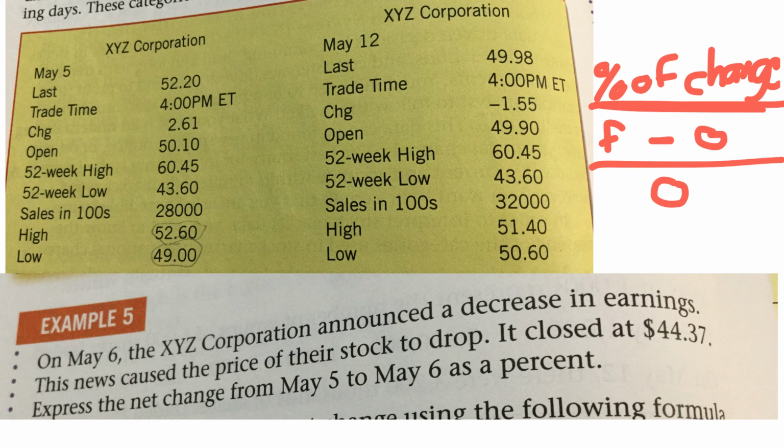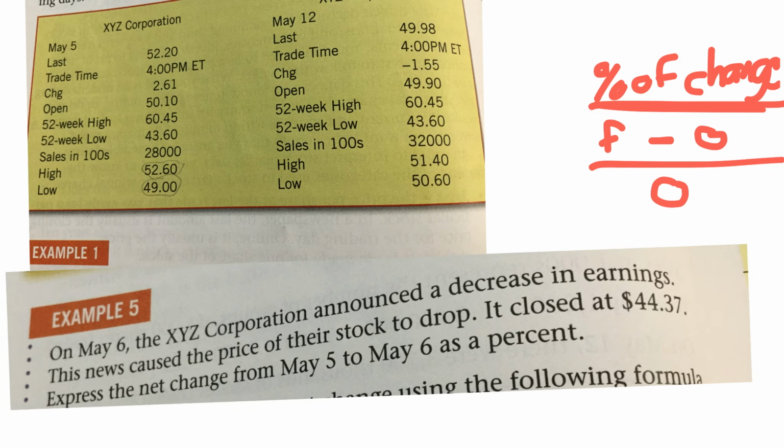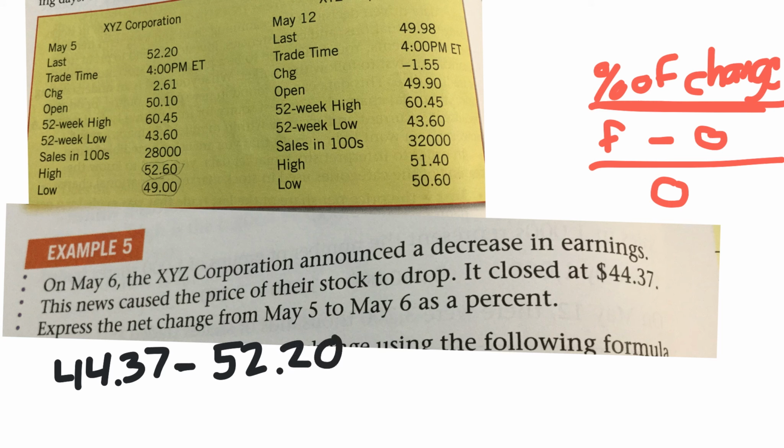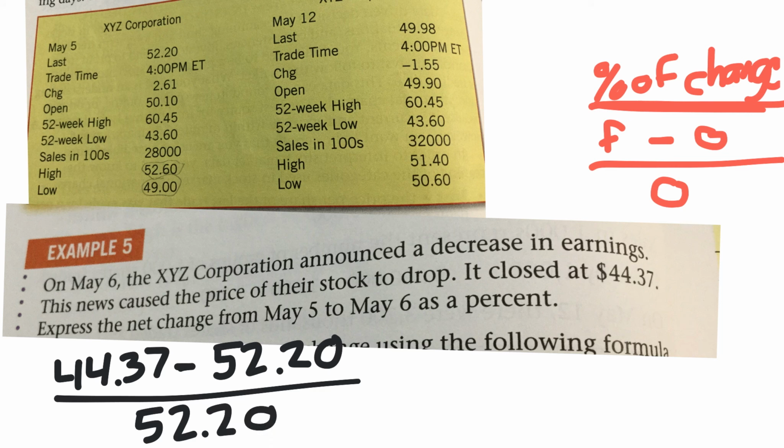So the final price would be 44.37, because that was the last price it posted. The original price was 52.20. We divide by the original price, 52.20.